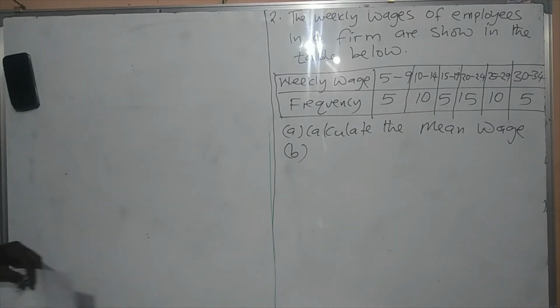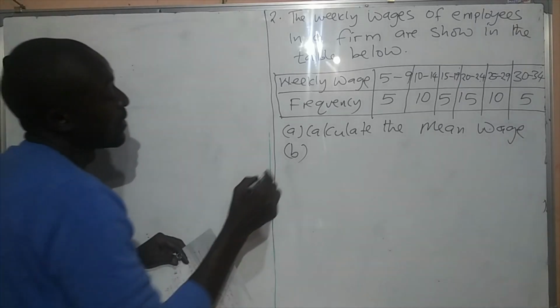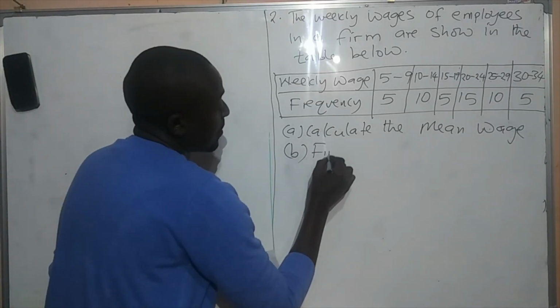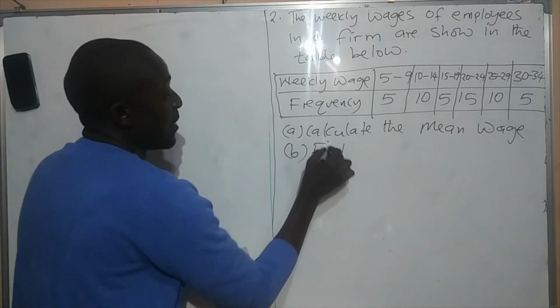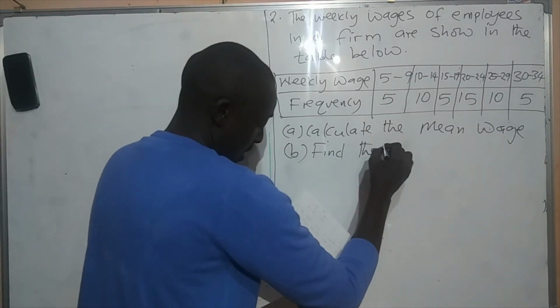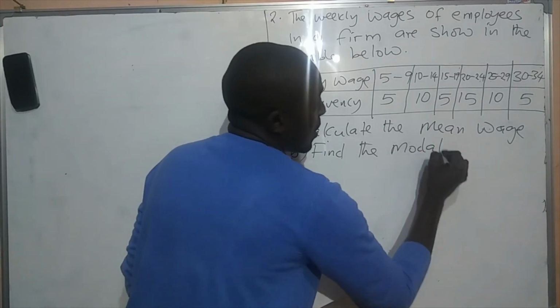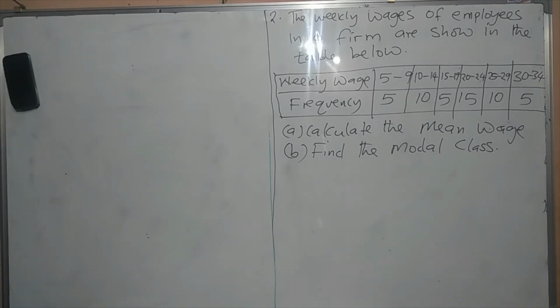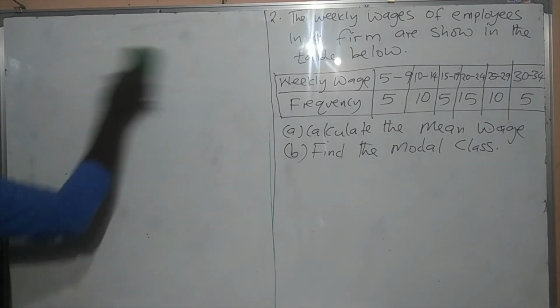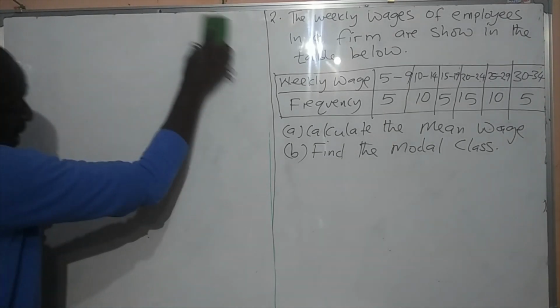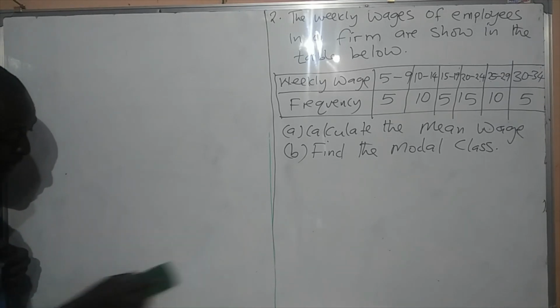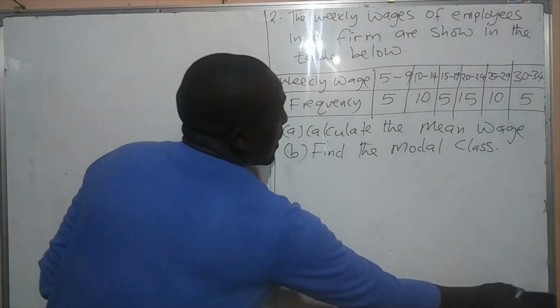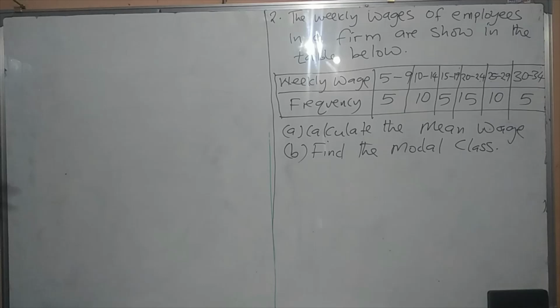Okay, then the next question says find the modal class. Okay, so we now look at this question, our second and final question that we have for today. The question says calculate the mean wage.